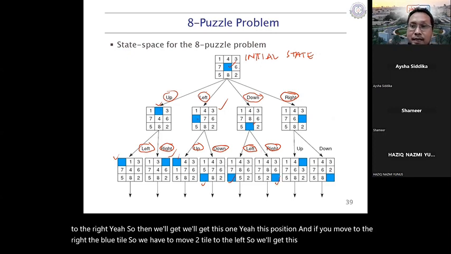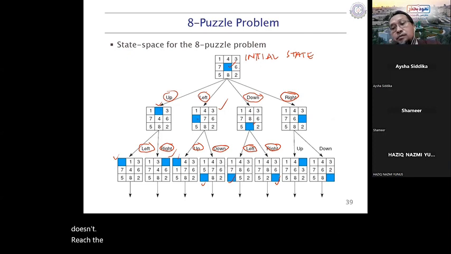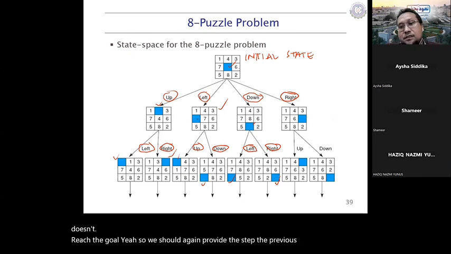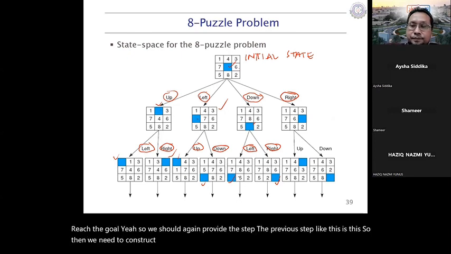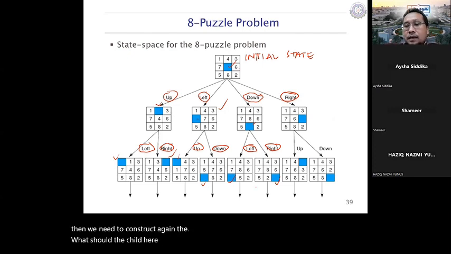Still, it doesn't reach the goal. So we should again provide the step like the previous step, and construct the child branches in order to reach the goal.